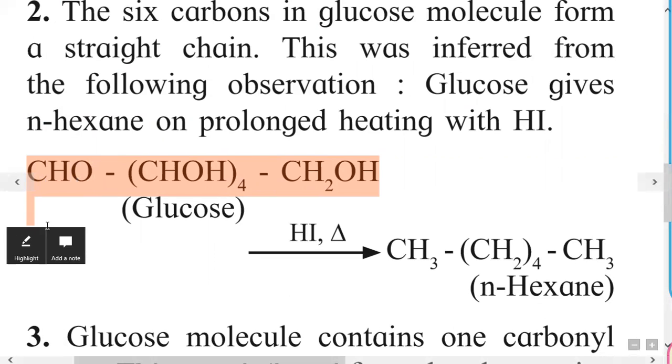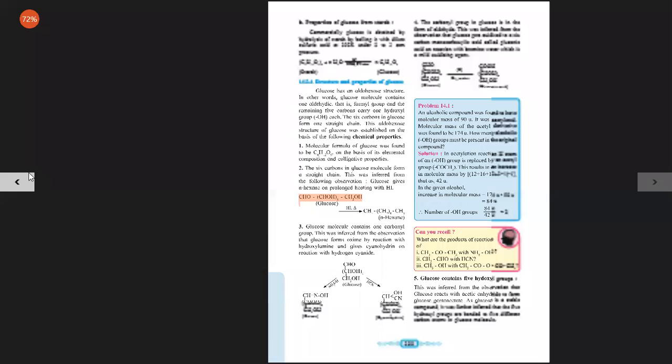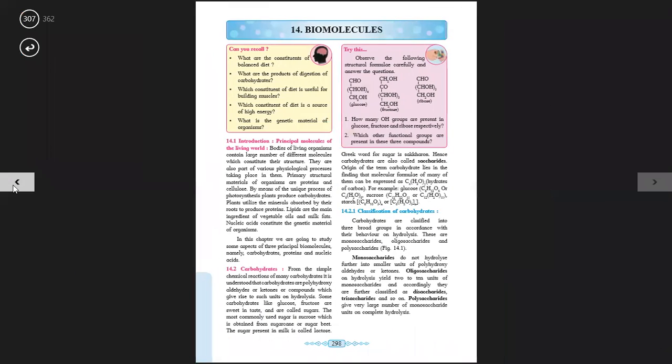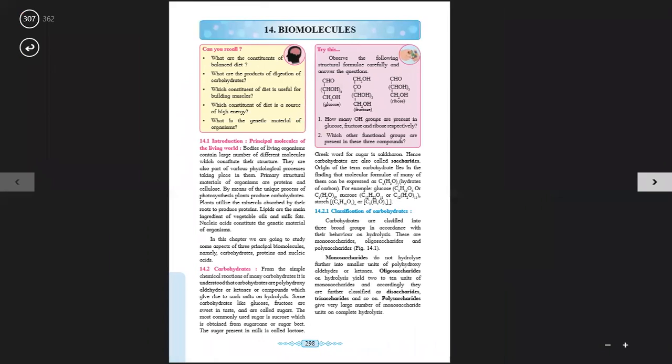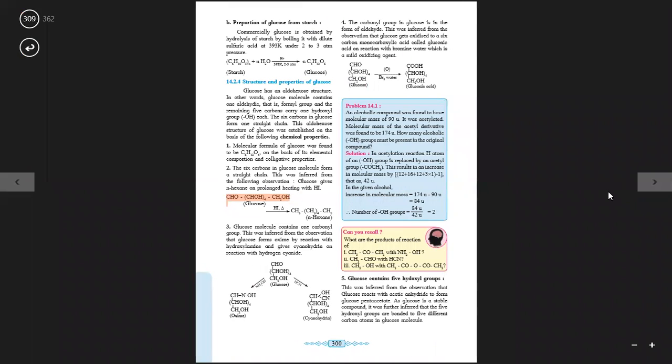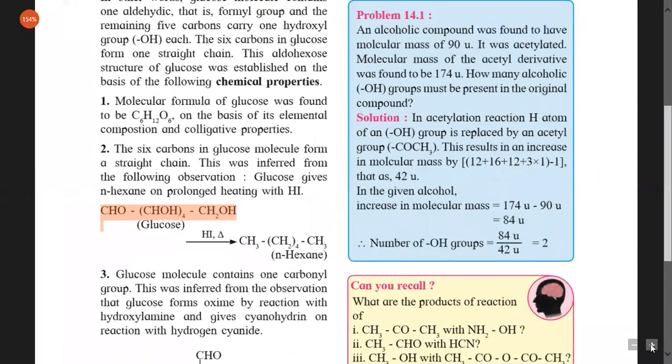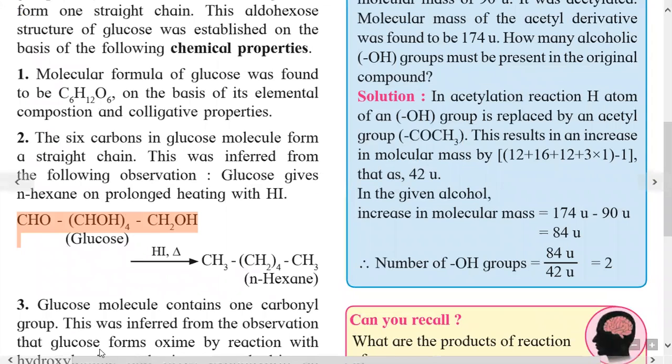It contains a total of 6 carbon atoms. First is the aldehyde functional group, CHO, then CHOH 4 times, the secondary alcoholic groups, and CH2OH is a primary alcoholic group. So this is the structural formula of glucose.